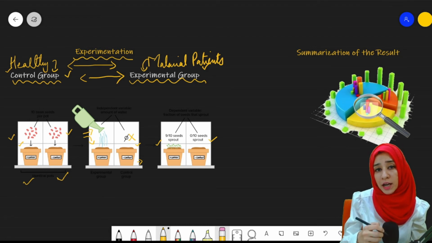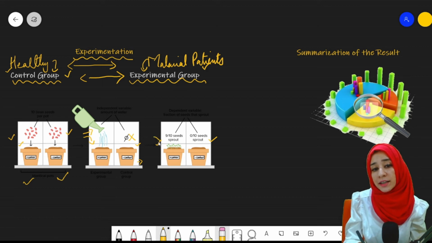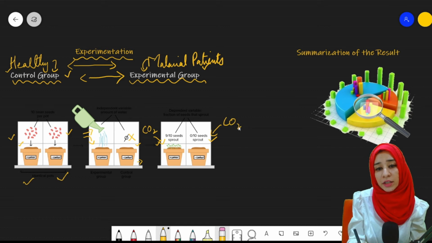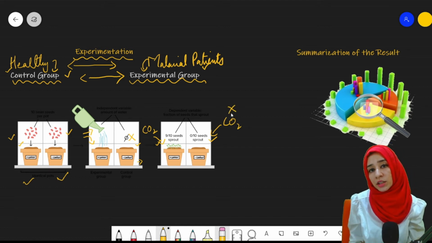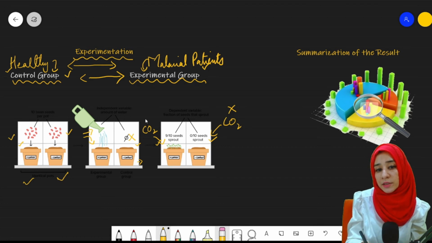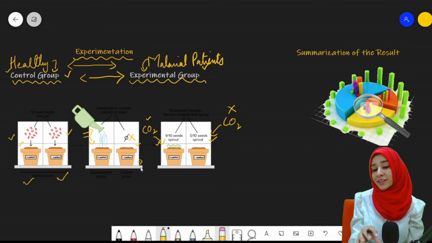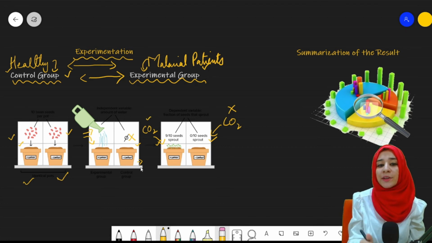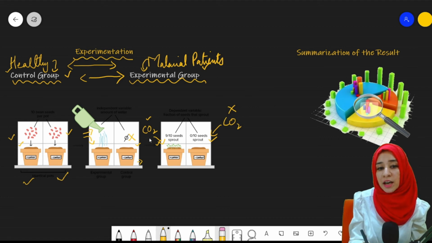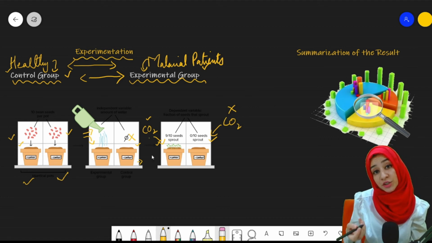Suppose we have two plants, and one of the plants is given carbon dioxide and the other one is not given carbon dioxide. What will happen? The one which has been given carbon dioxide will flourish.